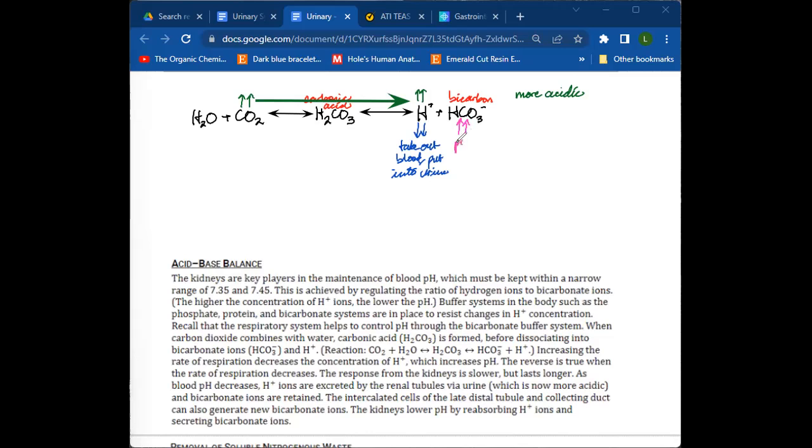So put more bicarbonate back into the blood. Because the more bicarbonate that they put back into the blood, then that can combine with the hydrogen ions and cancel them out, neutralize them.